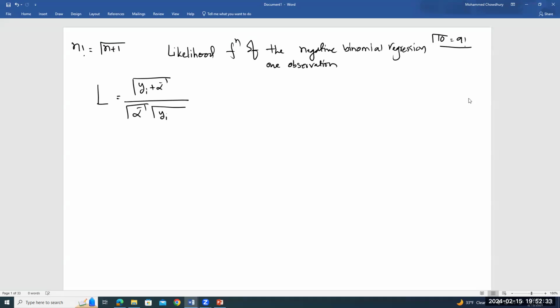Written everything in the format of a gamma, and then it is written 1 over 1 plus alpha mu i, over 1 plus alpha mu i, to the power yi.